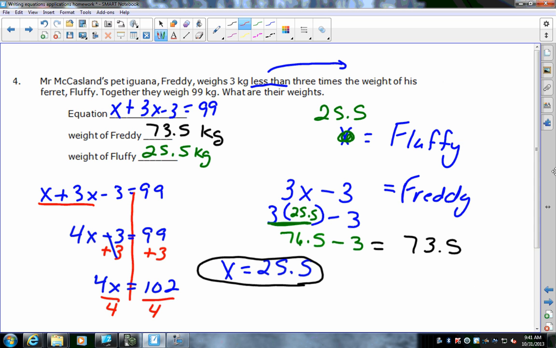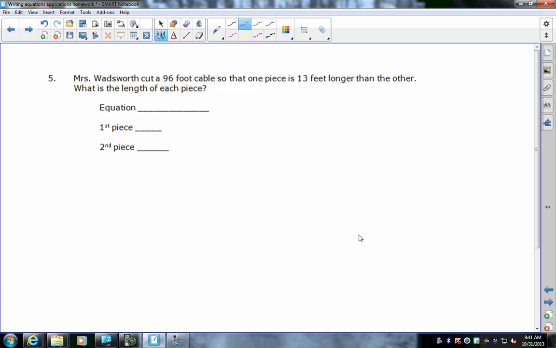Okie dokie. Let's see. Mrs. Wadsworth cut a 96-foot cable so that one piece is 13 feet longer than the other. So what's the length of each piece? Well, the first piece, do I know what one of them is?